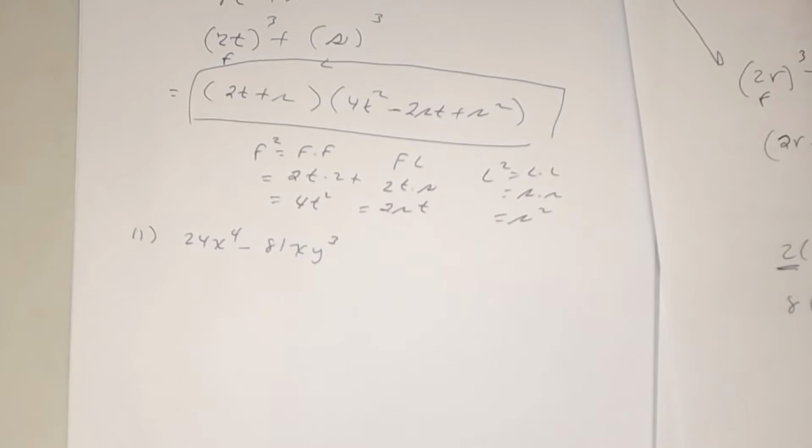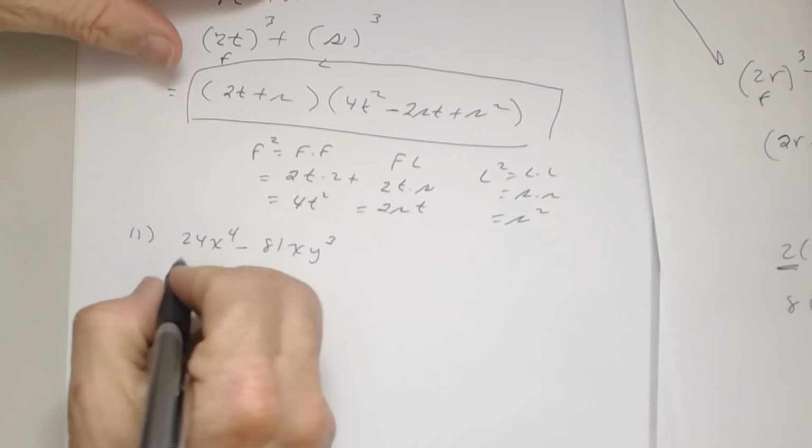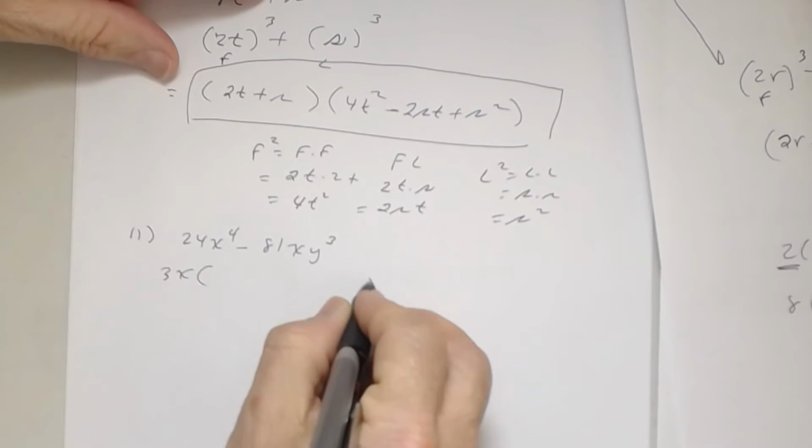What are you going to do? GCF. What's the GCF? 3x. So the GCF is 3x. 3x times what?